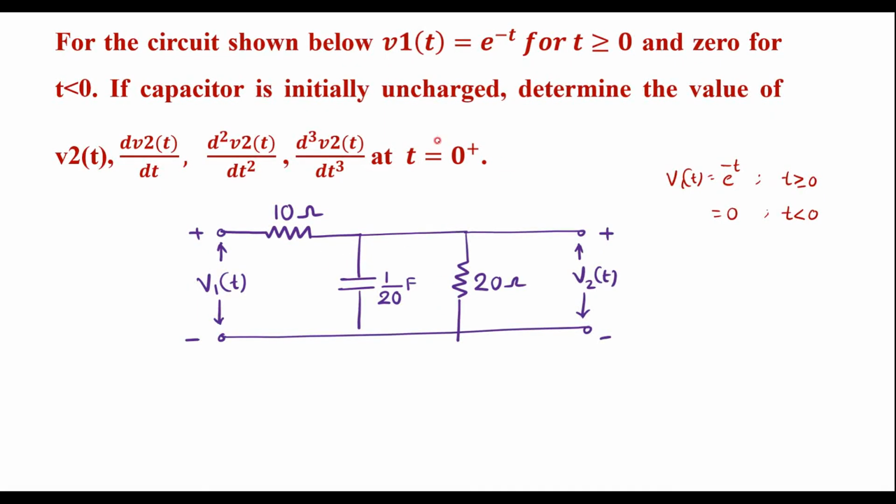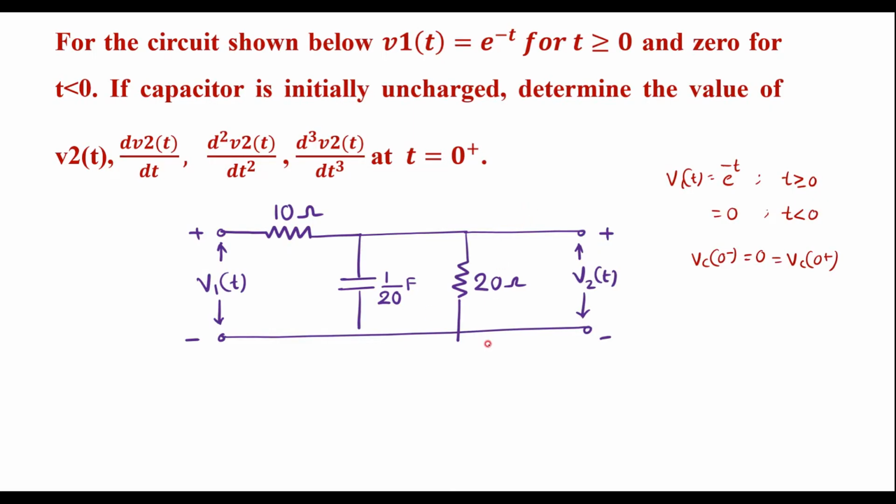It is also said that the capacitor is initially uncharged. It means that the voltage across the capacitor is initially zero. That is, we can say that Vc of 0 minus is equal to 0, that is nothing but Vc of 0 plus.